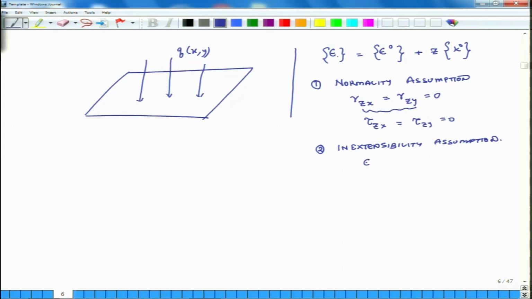So, we had said that epsilon zz or epsilon z is 0. Okay, epsilon z is equal to 0. Now, these assumptions belong to a theory of plates called Kirchhoff plate theory.